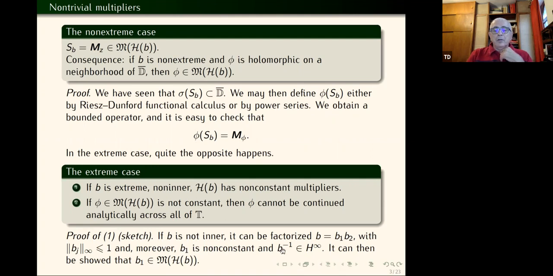You just look at the modulus on the boundary and you take only the larger part of the modulus and you take the outer function corresponding to it. And then it can be shown, but you have to work a little bit, that B1, this special non-constant function that's invertible in H infinity, is actually a multiplier.